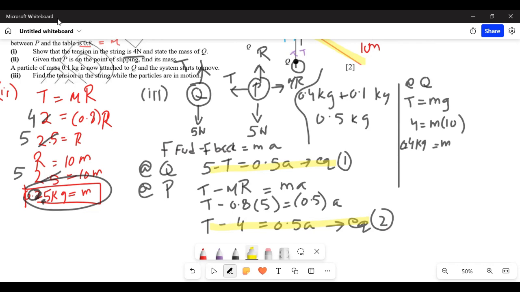You may find acceleration first and then tension. That's fine.